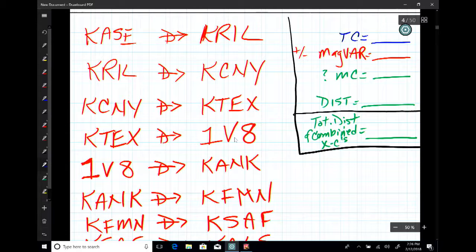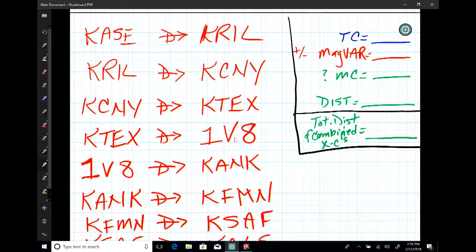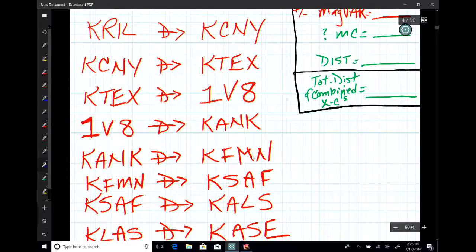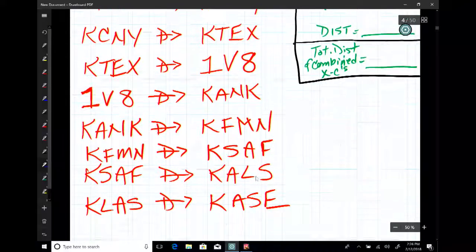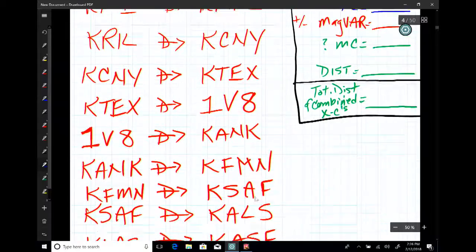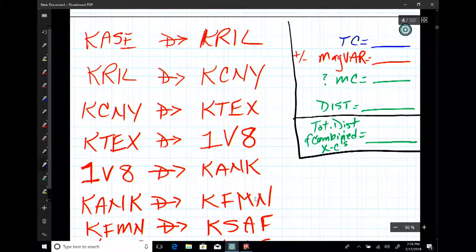KTEX to 1V8. Is that a real airport? I'll bet it is. 1V8 to KANK, KANK to KFMN, KFMN to KSAF, KSAF to KALS, KALS to KASE. Those are what you're going to do at your table exercises today.